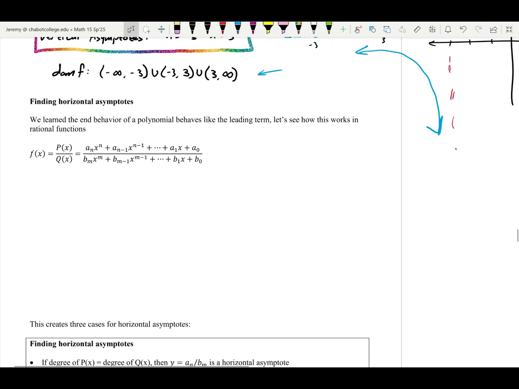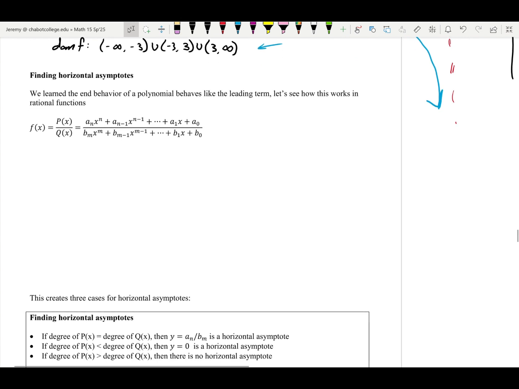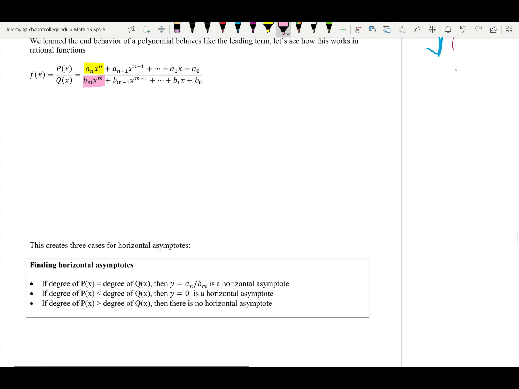So we'll be looking at the degree of the numerator versus the denominator. And remember, the degree we can determine by just looking at the leading terms of each of those functions.